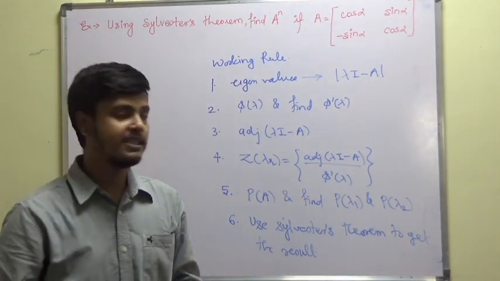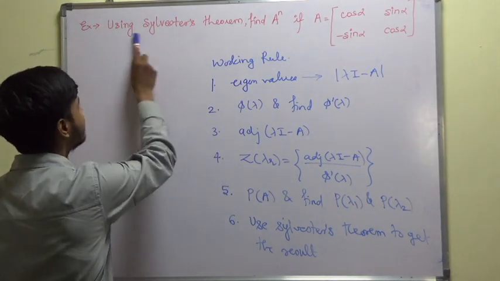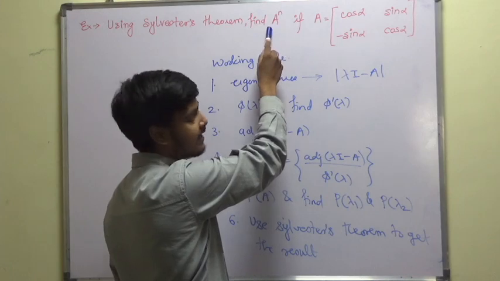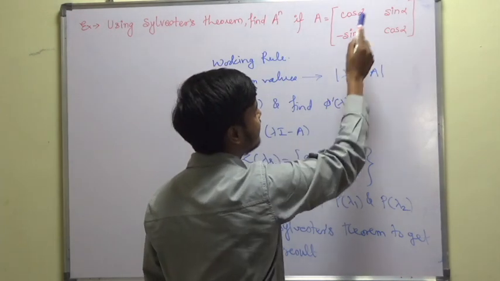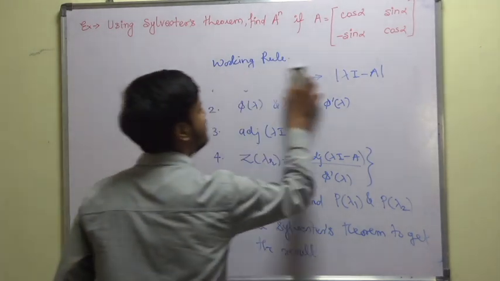Okay, so let us see what problem we have to solve. The problem says, using Sylvester's theorem, find A to the power n if A is equal to cos alpha, sin alpha, minus sin alpha, cos alpha. Okay, so let us solve this problem.